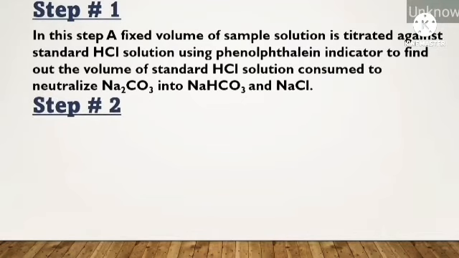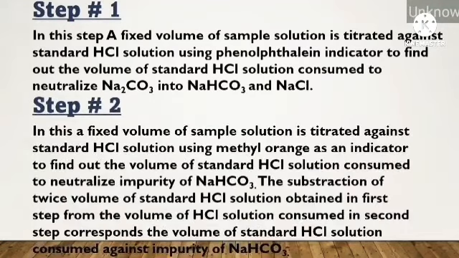Now in the second step, a fixed volume of sample solution is titrated against standard HCl solution using methyl orange as an indicator to find out the volume of standard HCl solution consumed to neutralize the impurity of sodium bicarbonate.